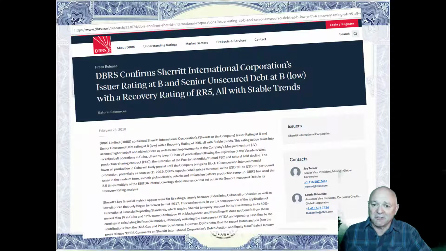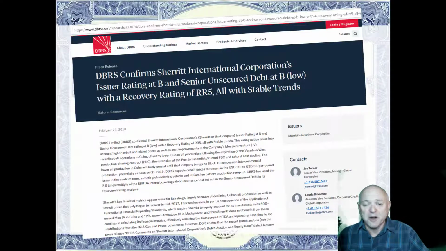So this is a very low B rating for the company, with a stable trend. So essentially, we can see that there are problems with a company like this, problems with an investment. You're taking a higher risk, and that risk is largely because of the market risk with the commodities that they produce, and also the political risk with the environments that they operate in.